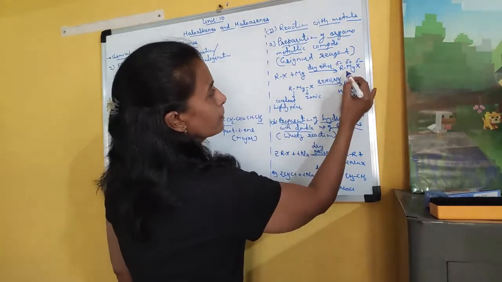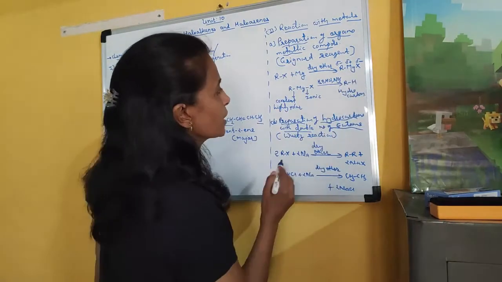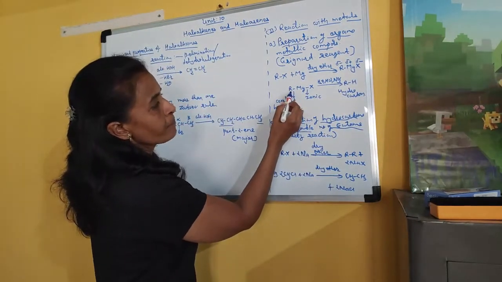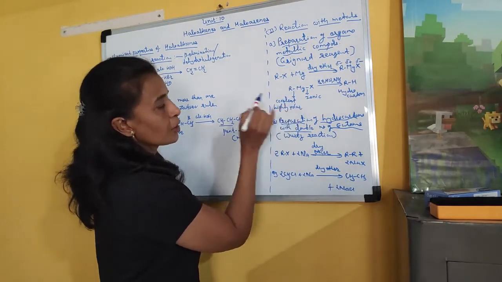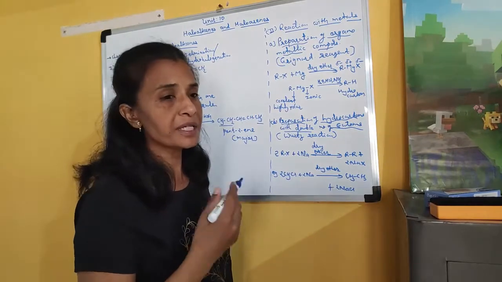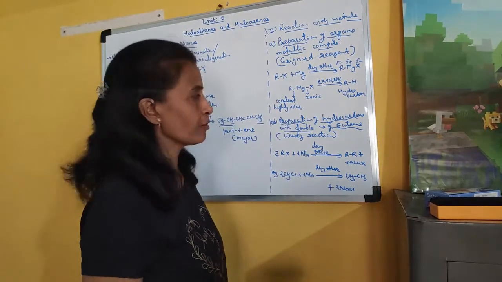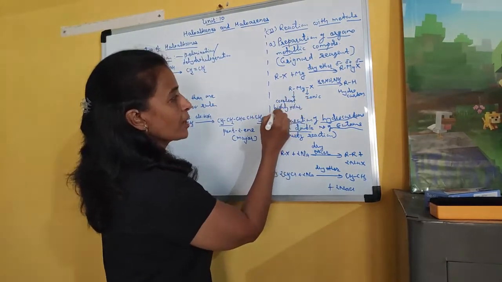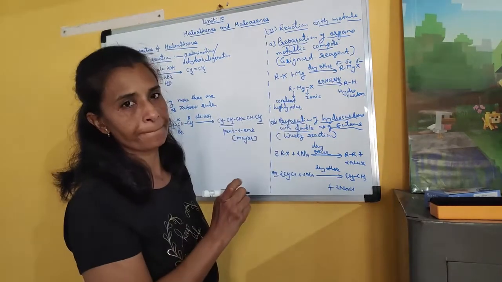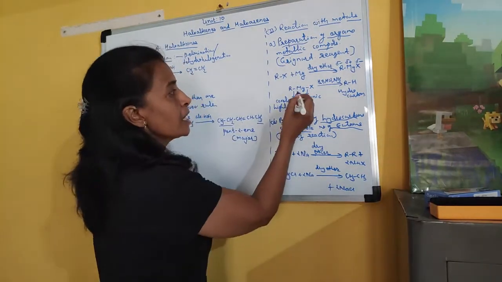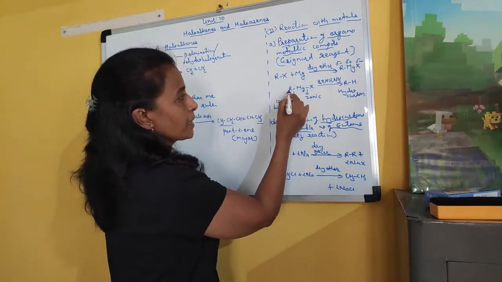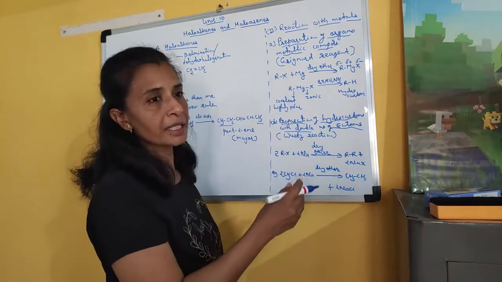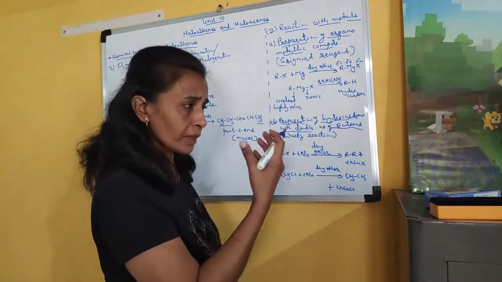Now one very important thing about this reagent is, here you can see the bond between carbon and metal is a covalent bond. Means it is formed by sharing of electrons, and this bond is highly polar. Highly polar in the sense that the metal is electropositive and the alkyl group is electron attracting.